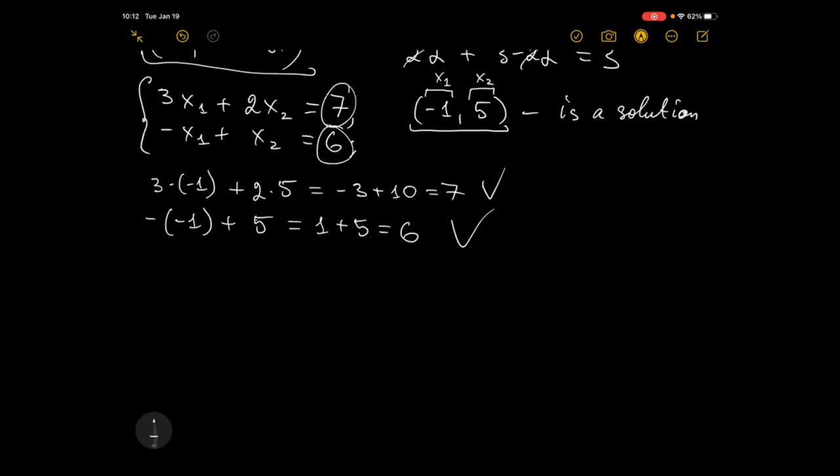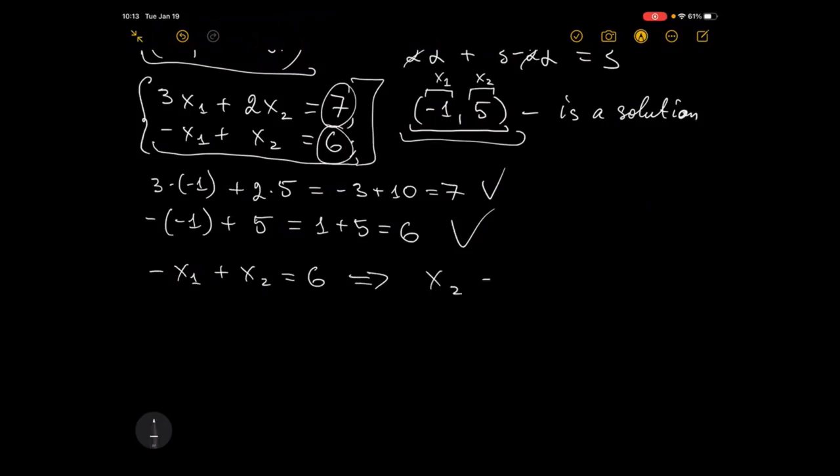Now, how to solve this type of system? Here I just gave you a solution, but really we can solve it. How do we do this? The idea is that we can easily find the solution if we get rid of one of the unknowns. Starting from here, I can rewrite this as x2 equals 6 plus x1.